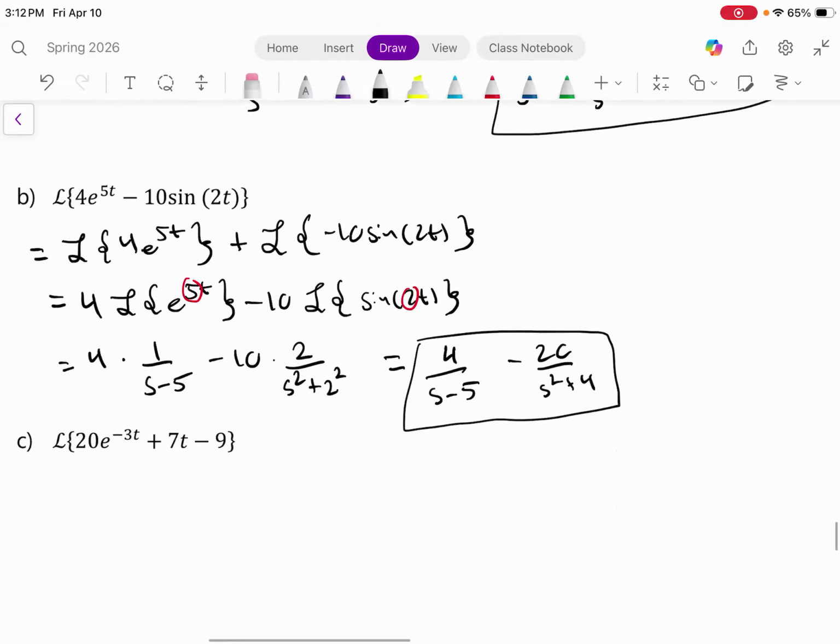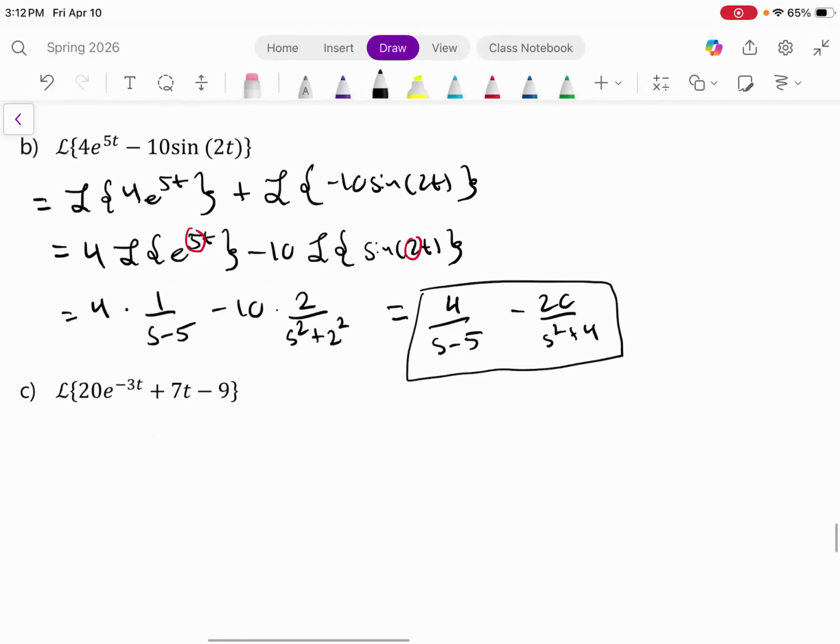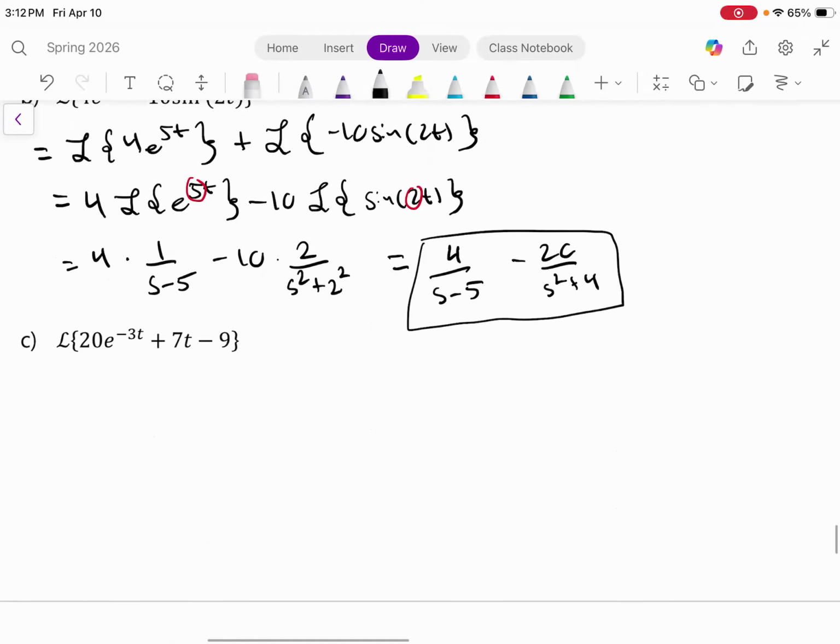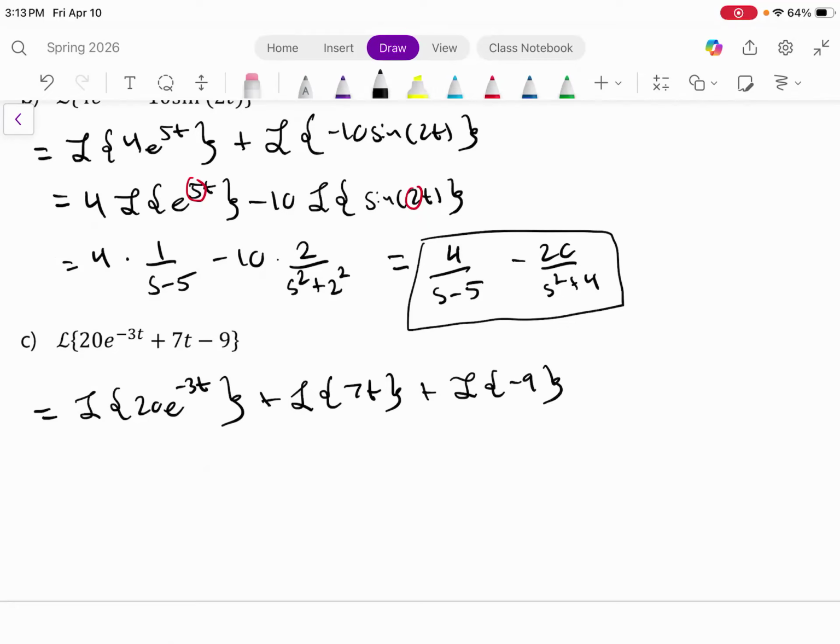All right, so let's look at this last one. Laplace of 20e to the negative 3t plus 7t minus 9. You guessed it, we're going to use that linearity property. So we could separate this out into the Laplace of 20e to the negative 3t, plus the Laplace of 7t, plus the Laplace of negative 9.